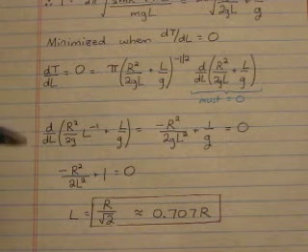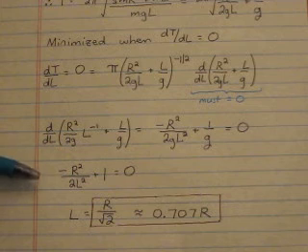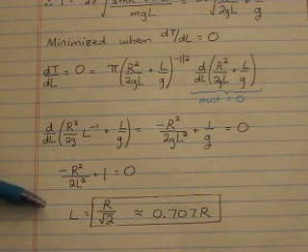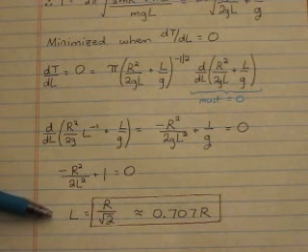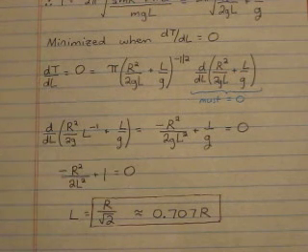I've divided the g's out right here, so negative r squared over 2l squared plus 1 equals 0. And I solve for L, and it's r over square root of 2, or about 0.71 times r.